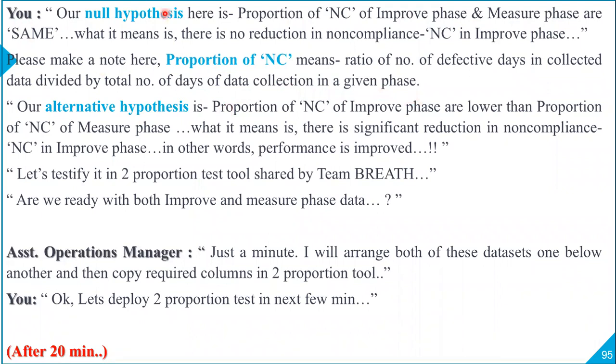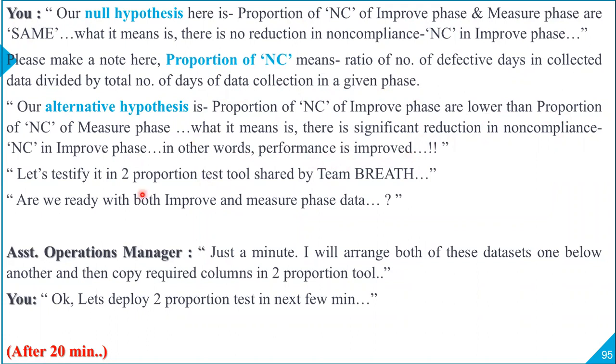Now let's talk about the alternative hypothesis. The proportion of NC of the improve phase is lower than the proportion of NC of the measure phase. What it means is there is a significant reduction in non-compliance in the improve phase. In other words, performance is improved after implementing the solutions.